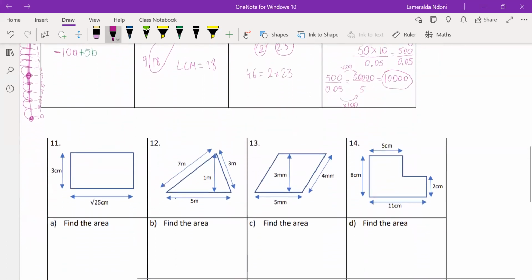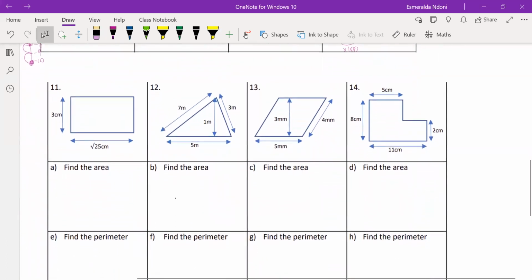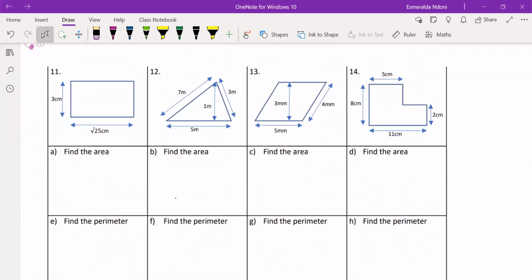We're going to move on to area and perimeter now. We have done this in class several times, however I'm going to explain it again. You look at the shape, question 11, and you ask yourself what shape it is. It's a rectangle. What's the formula for the rectangle? Area is base times height.